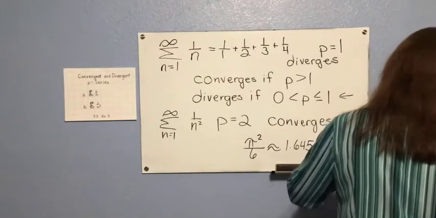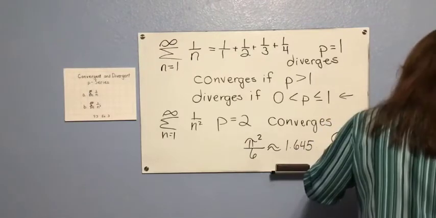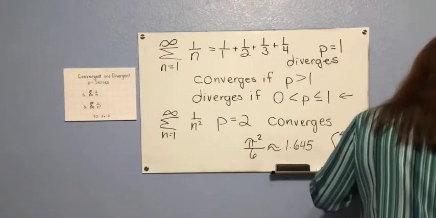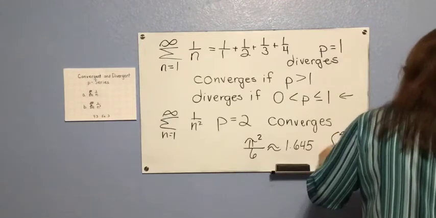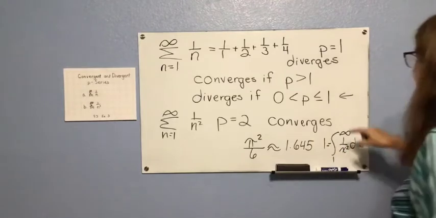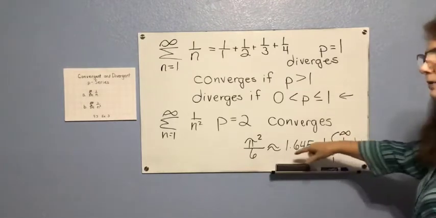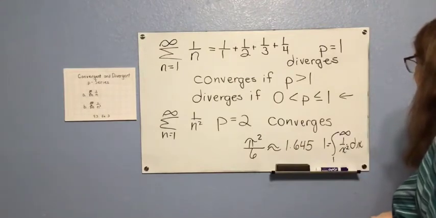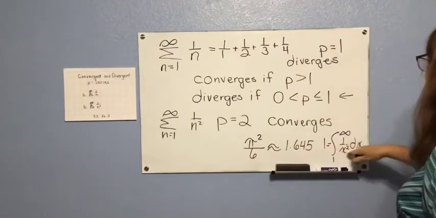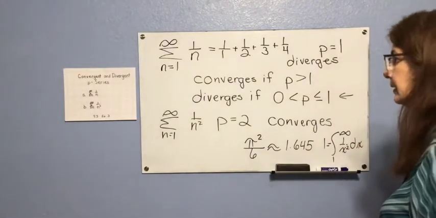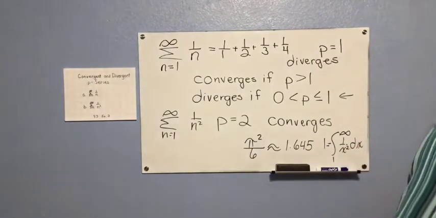But the integral of the associated function is equal to 1. So even though both the integral and the summation converge, they don't necessarily have the same numerical value. It's an important point to remember.